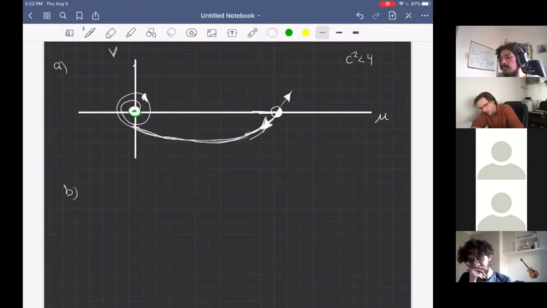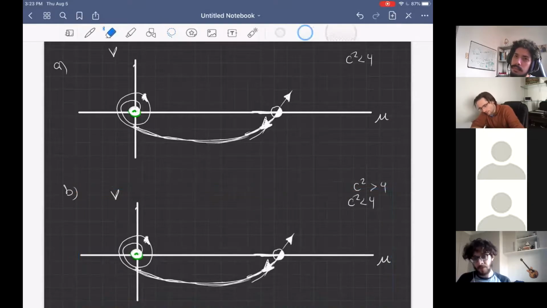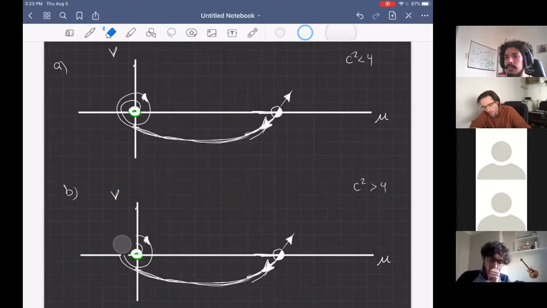If c squared is larger than 4, then the situation changes a little bit. Why does the situation change? Because close to the fixed point, I don't have oscillatory solutions anymore.